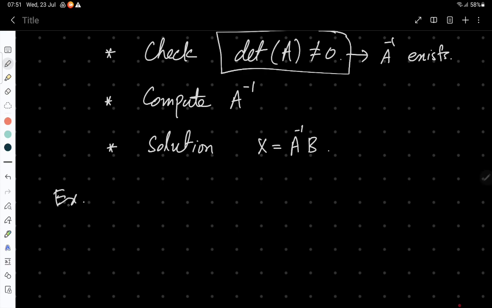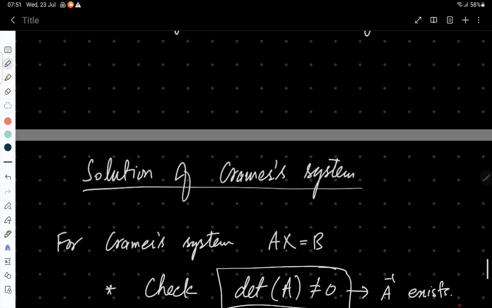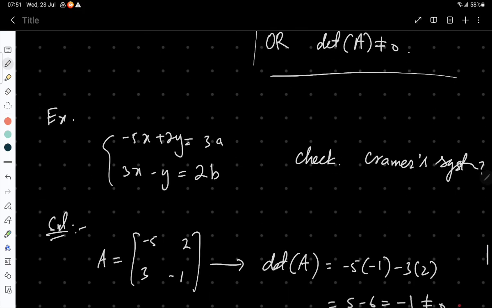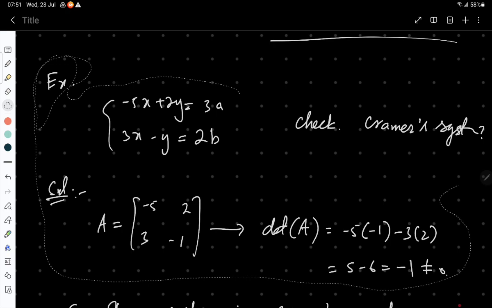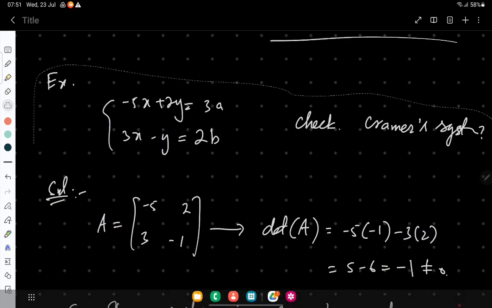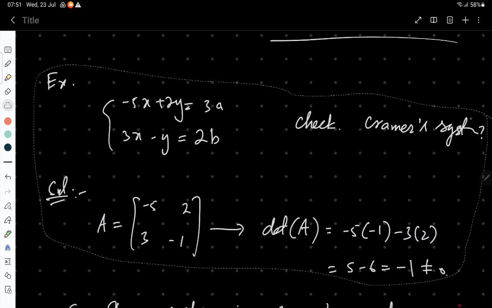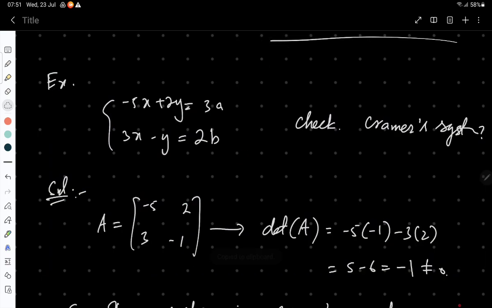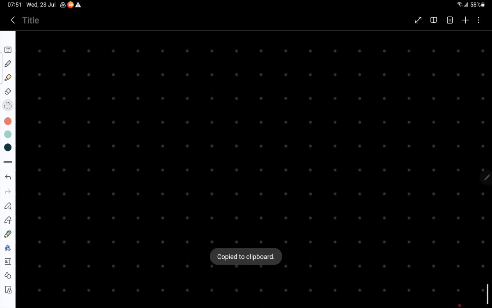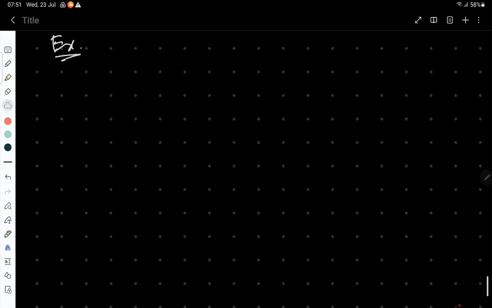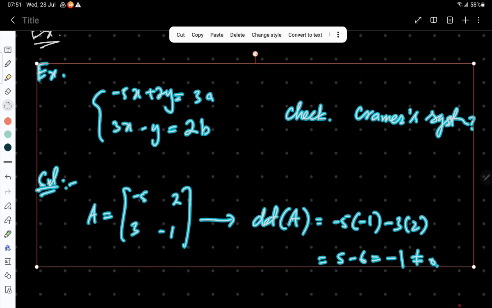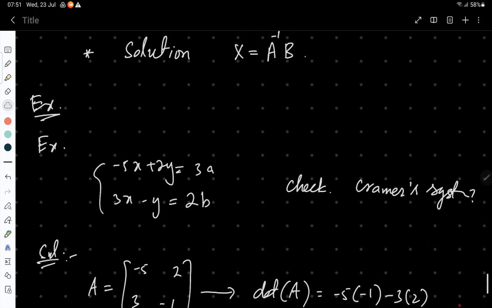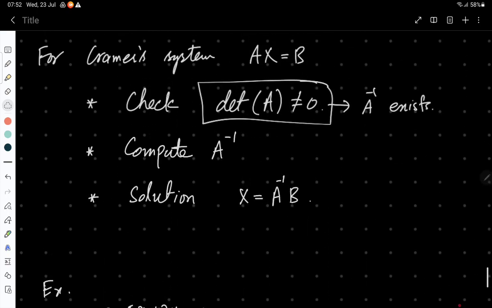Look at an example. I will do the same example which we have done previously. So we will check whether this system is a Cramer system. Since we have already checked that this system is a Cramer system, the first step is done.